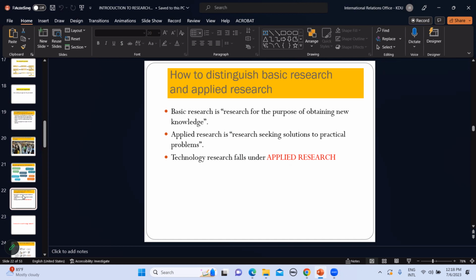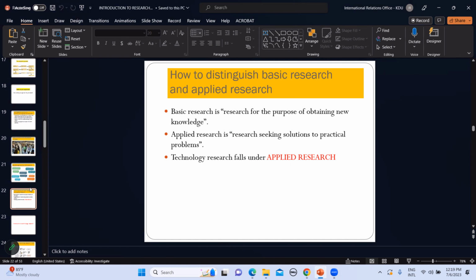Now you are proposing a new natural coagulant. When you put the natural coagulant, the color will be reduced. That is a kind of applied research. You apply something. But fundamental means you have to change the existing knowledge. You have to develop a new theory.